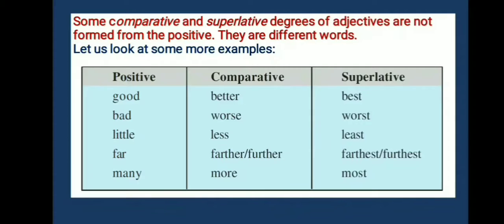Then students, in the given table, we have many, more, most. So these examples show us that some comparative and superlative degrees of adjectives are not formed from the positive. They are different words. Now let's move forward.